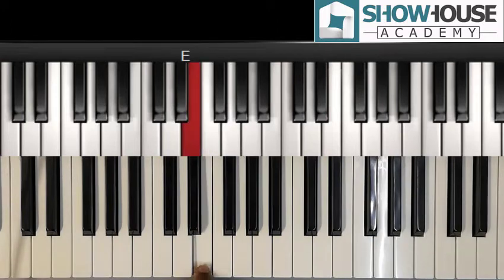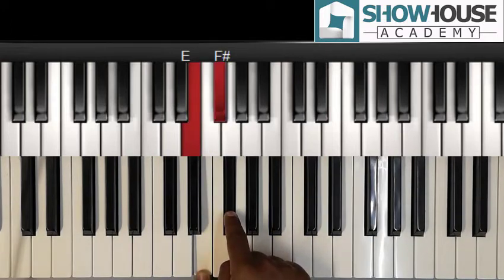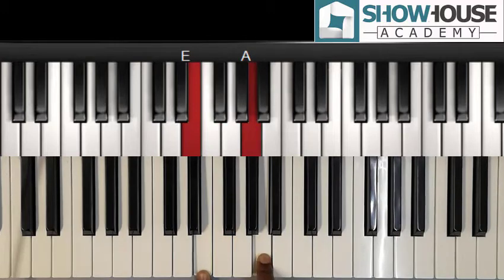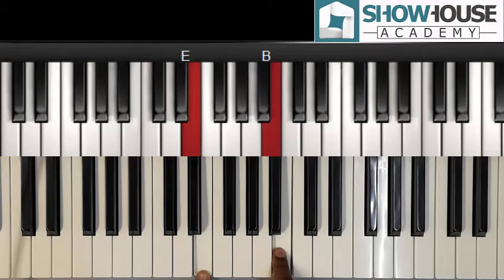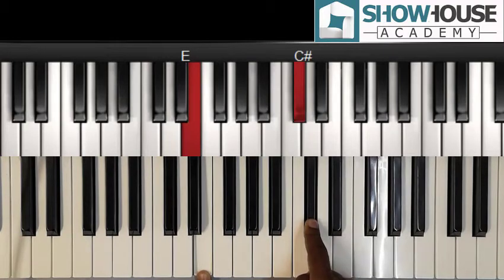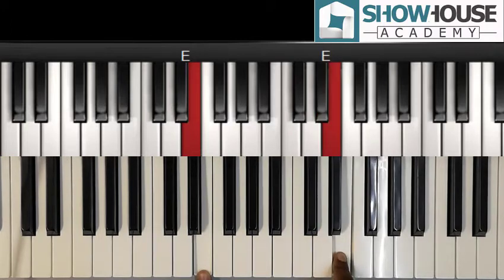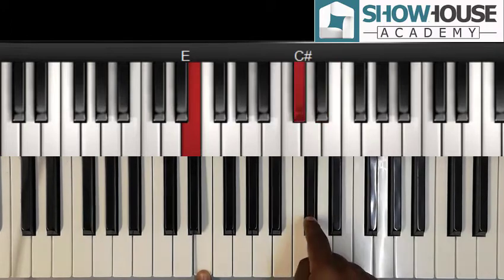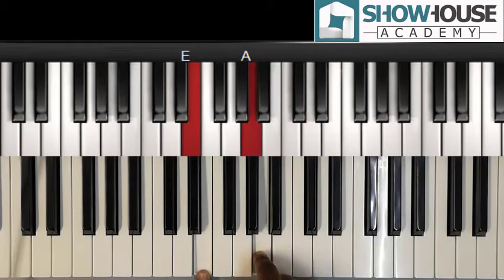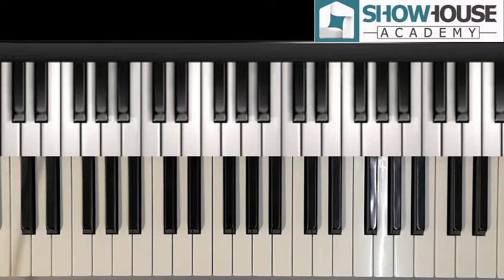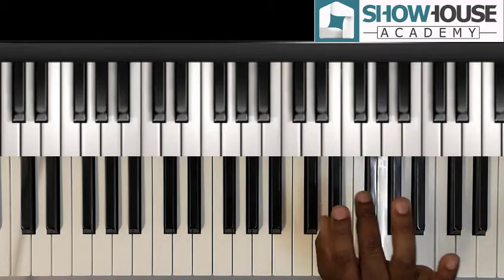So starting here we say tone, tone, semitone, tone, another tone, tone, semitone, right? Now with the correct fingering technique. Remember, 1 2 3 1 2 3 4 5.